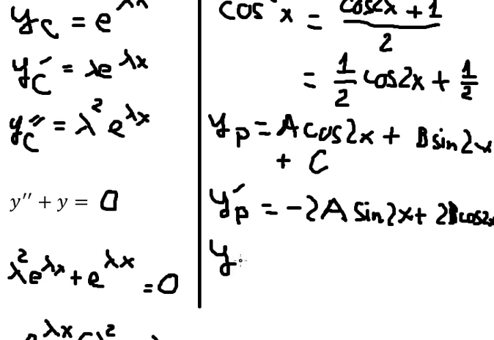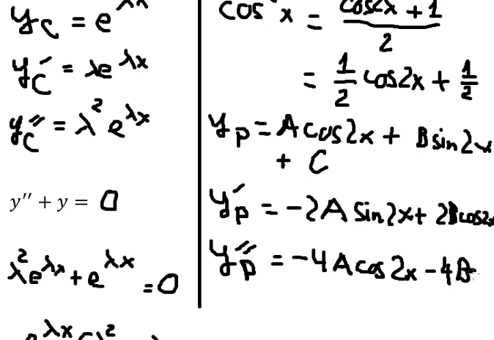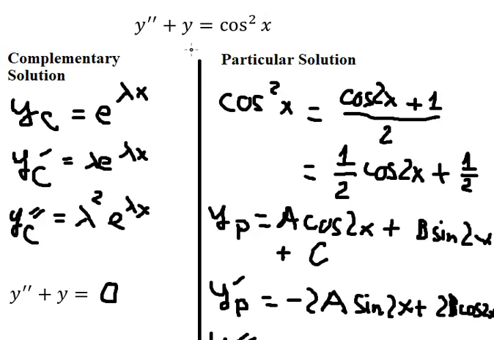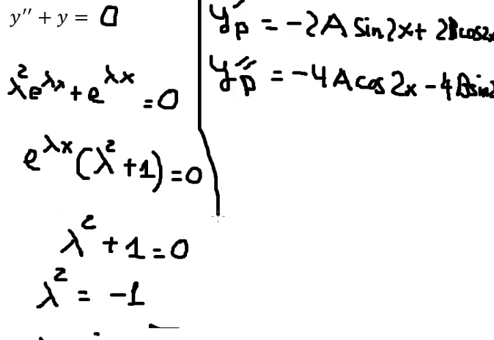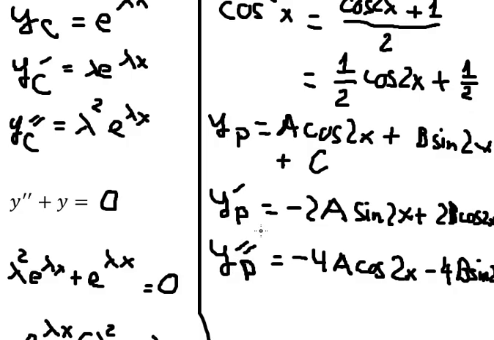And now we go to the second derivative of yb. This one we have negative 4a cosine 2s. This one we have negative 4b sine 2s. Because we just have the second derivative and the original function, in this situation we just select this one and this one.